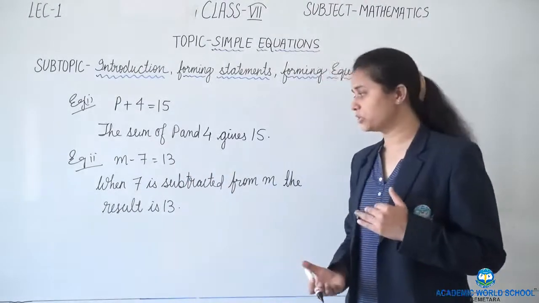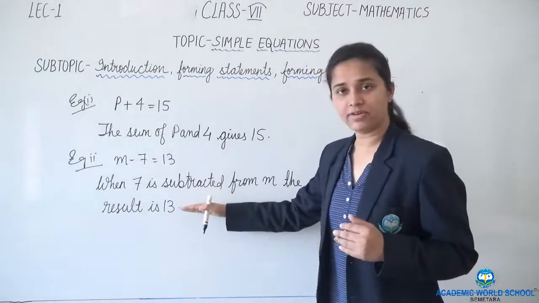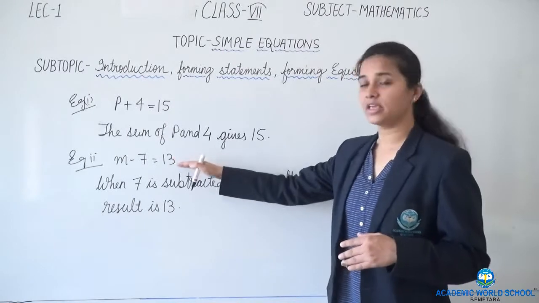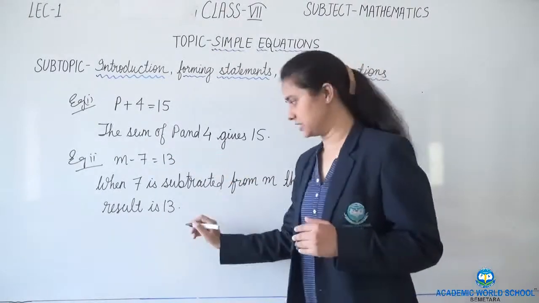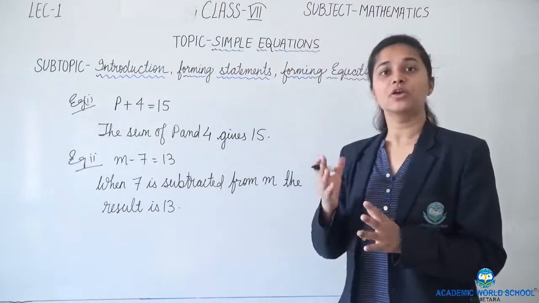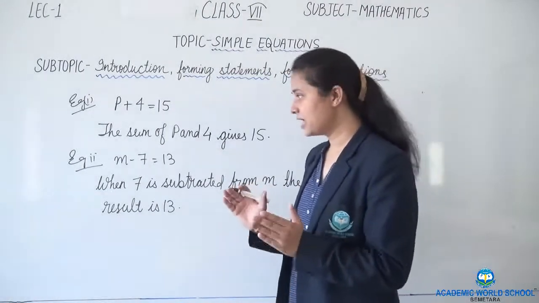This is the way we do it. Previously, a statement was given and you formed the equations. Now, the equation is given, you will form the statement. And in both cases, you can cross-check the statement and equations.